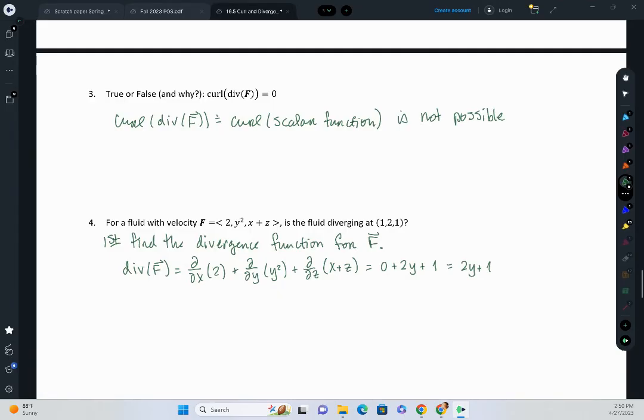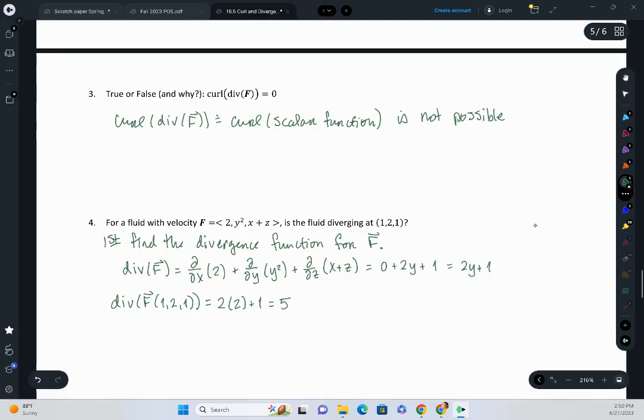We want to know, is the fluid diverging at the point 1, 2, 1? Well, let's look at that. The divergence of F of 1, 2, 1 is equal to 2 times the y value, which is 2, plus 1, which is going to be 5. And that does not equal 0, which means there is divergence.